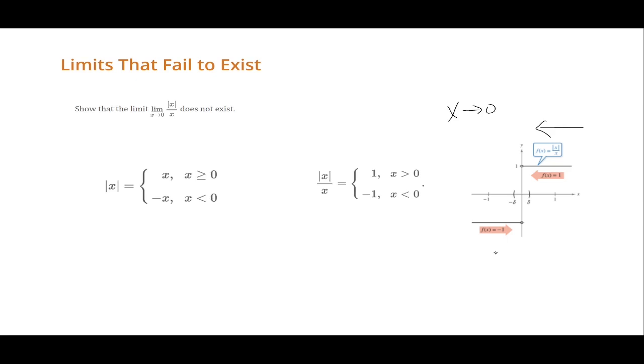Whenever you approach a number from the left side and right side, if the value of the function approaches the same number, that's called the limit of the function. But if it approaches two different numbers, then that is the case where we say the limit does not exist.